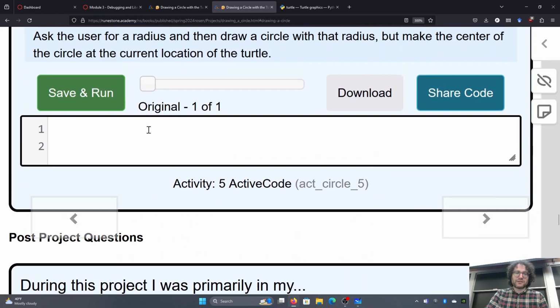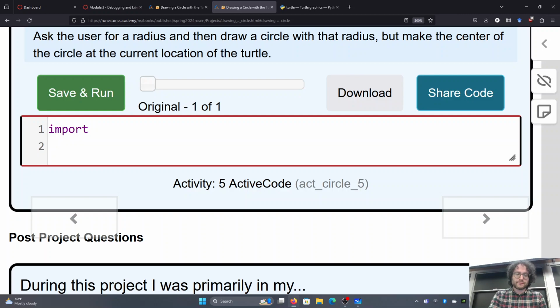I won't go through the bonus part. You can try it on your own: ask the user for a radius, then draw a circle with that radius, but the center of the circle should be the current location. That involves moving the turtle, making the turtle lift his pen and adjust a bit before and after drawing the circle. But I want to show you the circle in action.